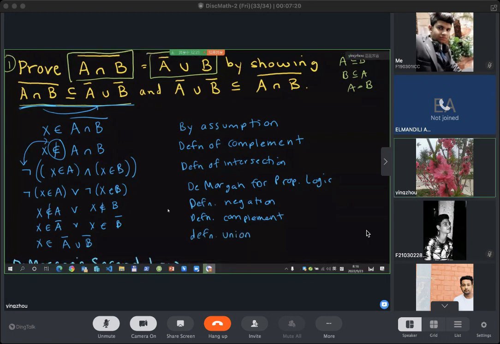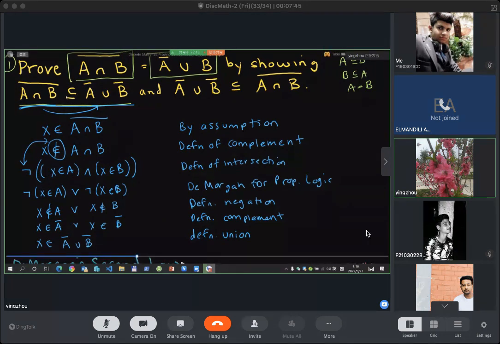So here we also use the set definition of the union, right? The intersection, and here we use the subset. So in this proof we have used four set operations.